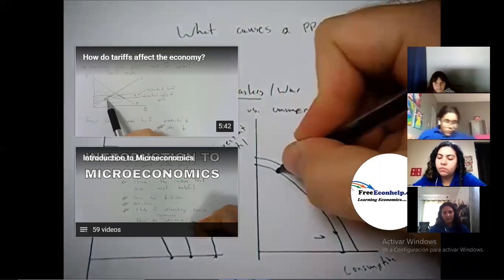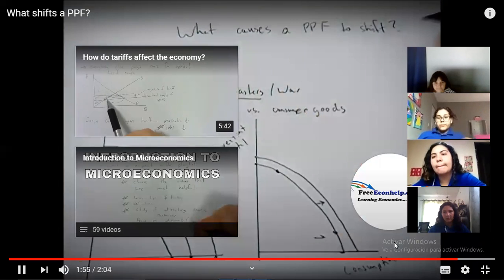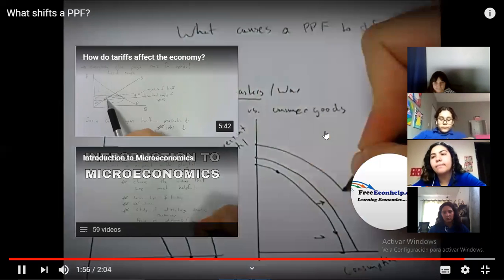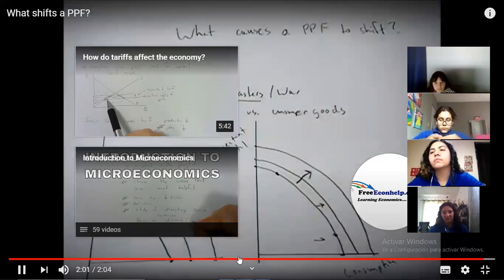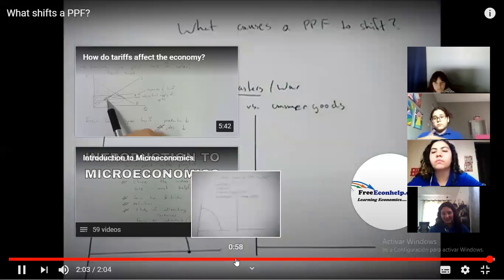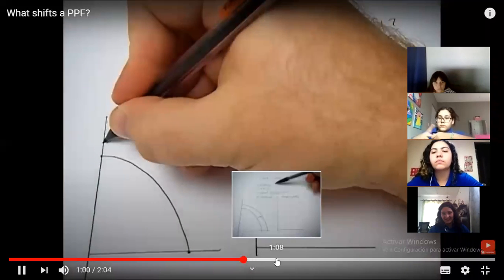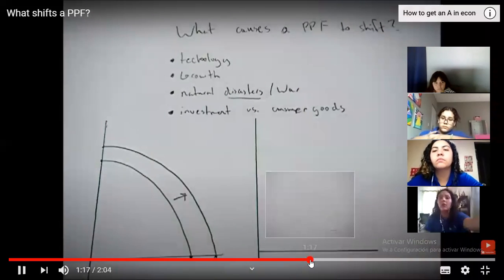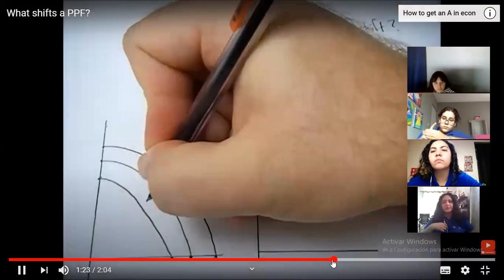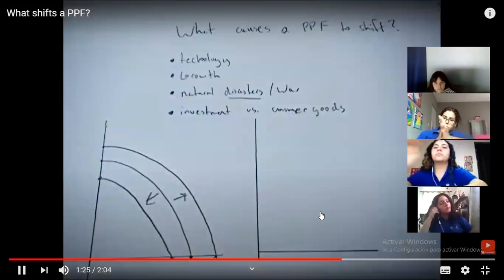But if we decide to invest a lot, either in technology or factories, then we get a big shift out, and we see the PPF shifting out a lot more. And that's if we produce more stuff, then the whole has gotten better to more of this shifts out, like Hurricane Irene. We see our PPF shift in because we can produce less.